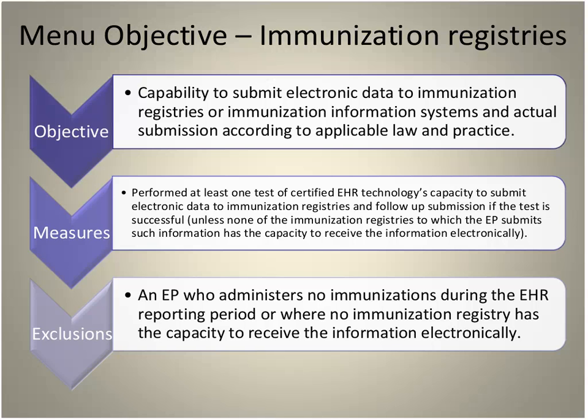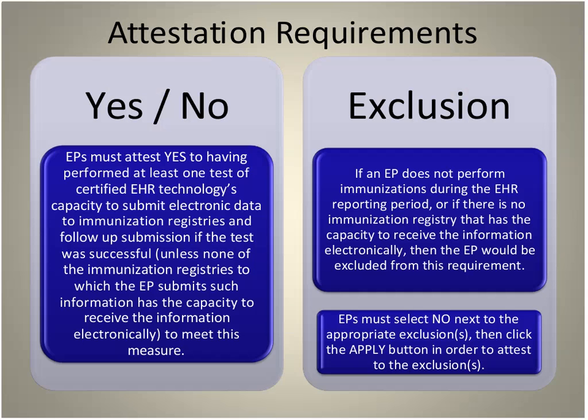The exclusion in the measure applies unless at least one of the immunization registries to which the provider submits such information has the capacity to receive the information electronically. It varies very widely all over the country right now. But there is certainly a core exclusion here: no immunizations being provided by the eligible provider, or where there's no immunization registry. This is an exclusion just right out in front.